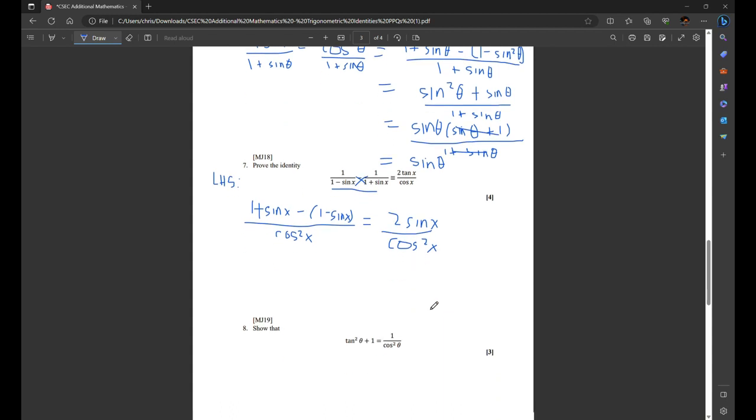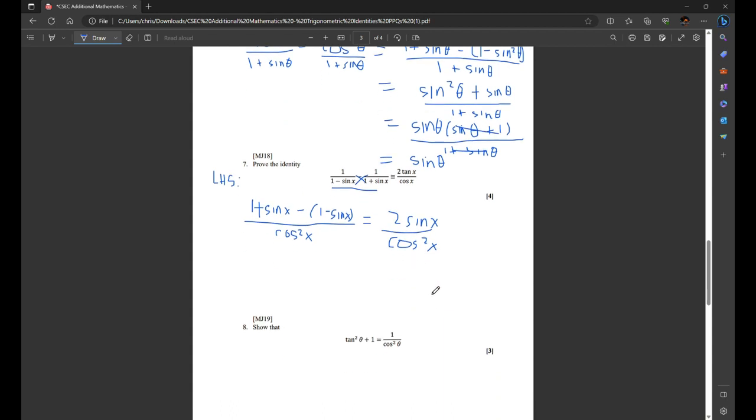Okay, so we made a good amount of progress on this question just by doing one step. Next, I'm going to split this fraction. So I'm going to write this as 2 sine x over cos x, and I'm going to multiply that by 1 over cos x.